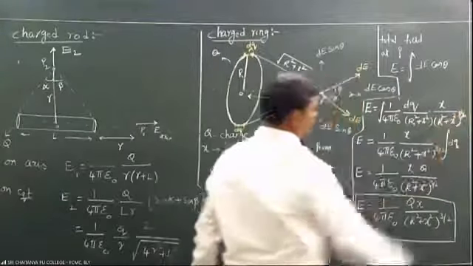That means as we come from the center, E goes on increasing. Here it becomes maximum. Again it decreases. Here E is in this direction. Here E is in this direction.